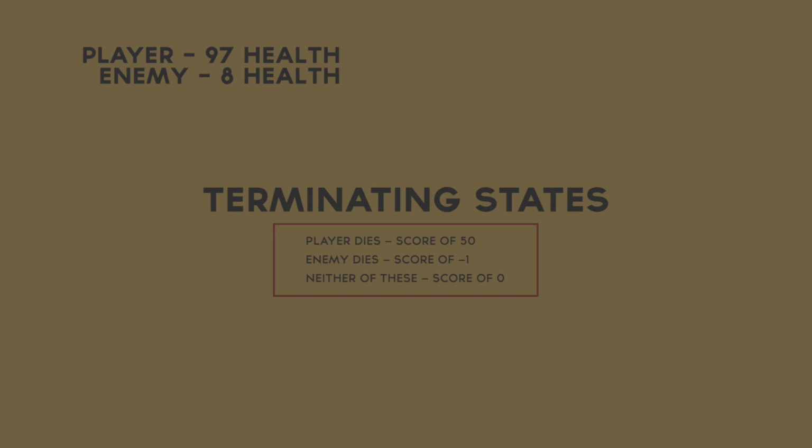Therefore, if a stalemate occurs where the player and the enemy are still alive, a score of 0 is provided. This situation is from the enemy's point of view. The enemy would absolutely prefer a stalemate over dying. Therefore, a score of -1 is generated to be less than the stalemate.